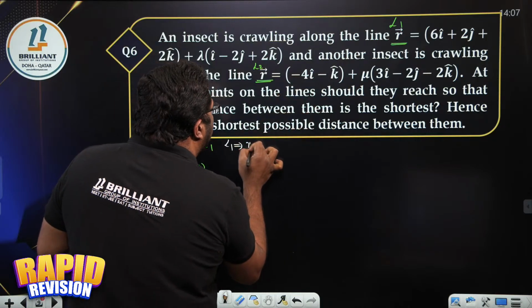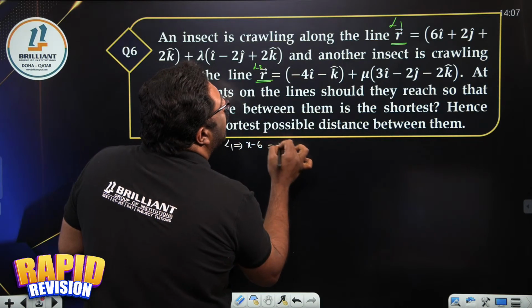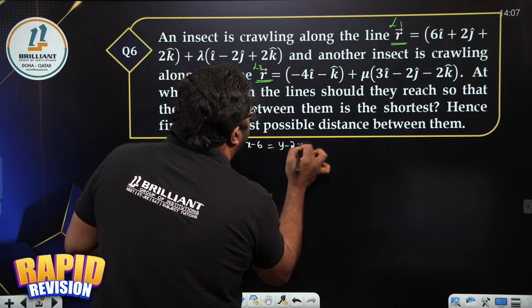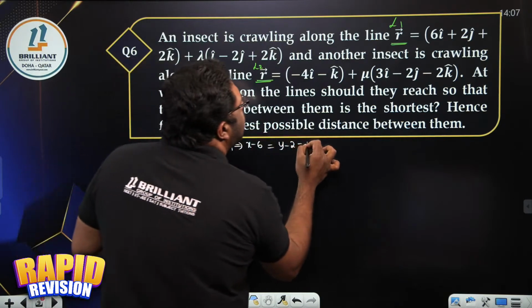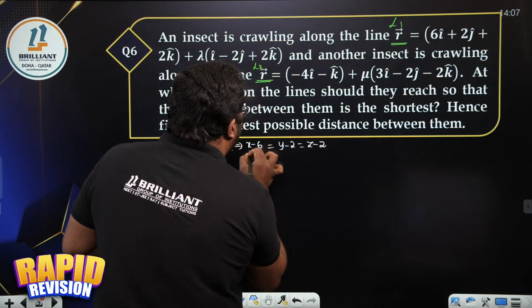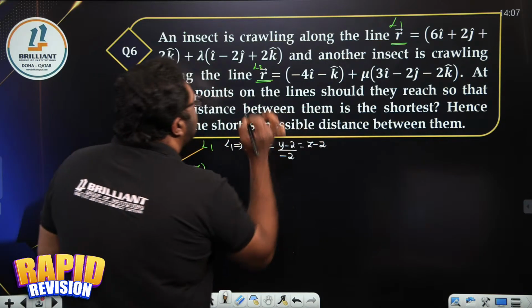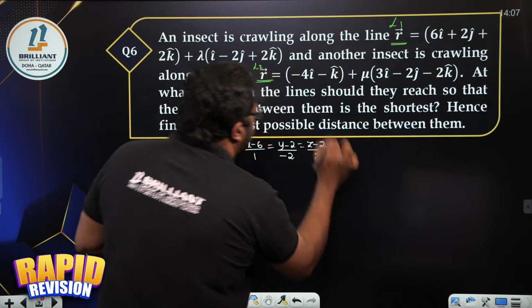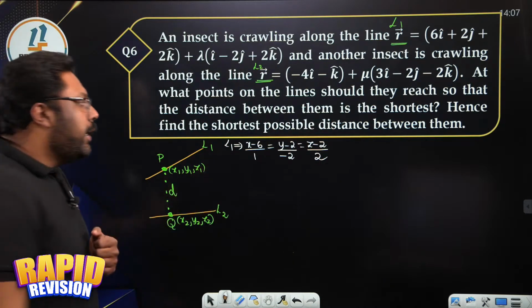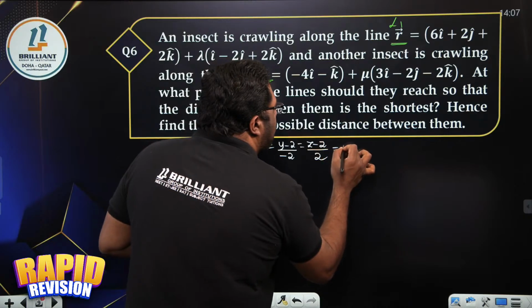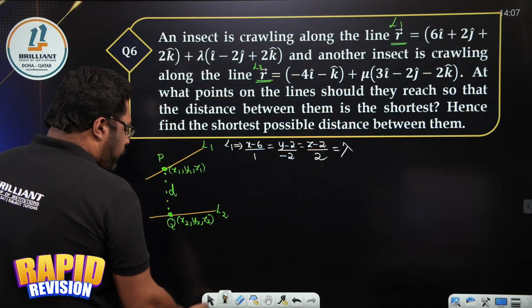So let me write the first line as a Cartesian equation. Straight away you can write (x minus 6), (y minus 2), (z minus 2), with direction ratios 1, minus 2, 2 for the first line, equal to lambda.